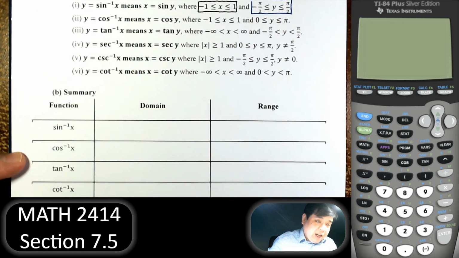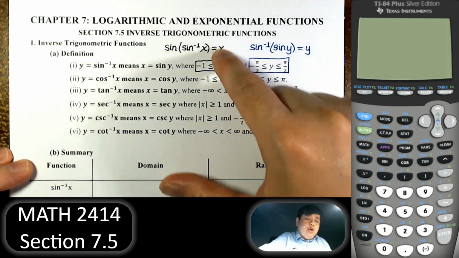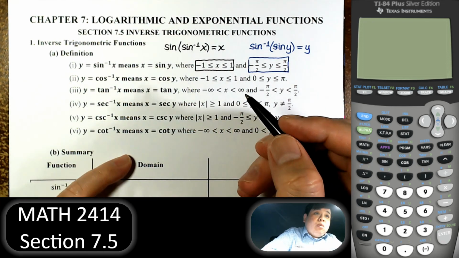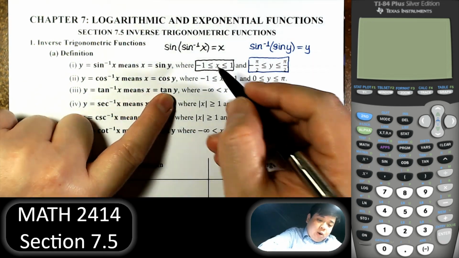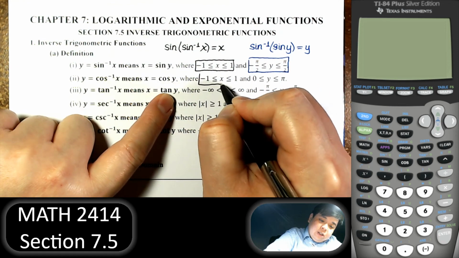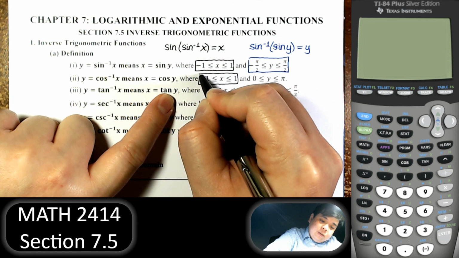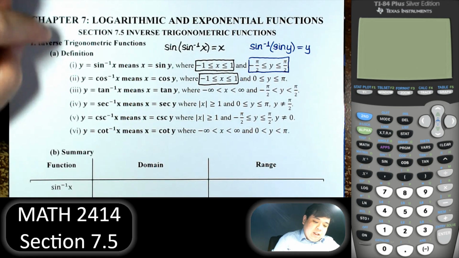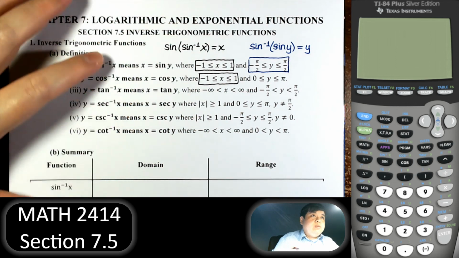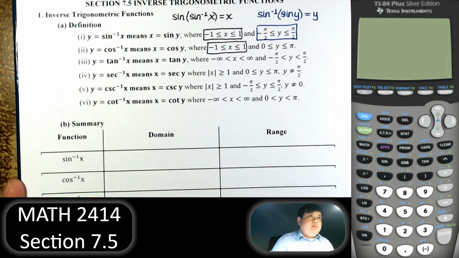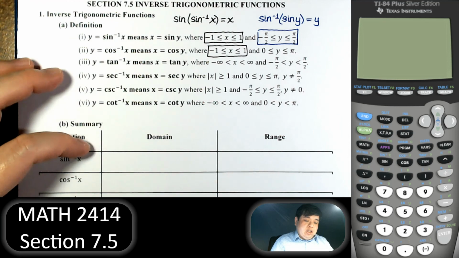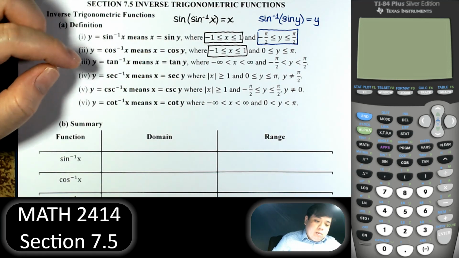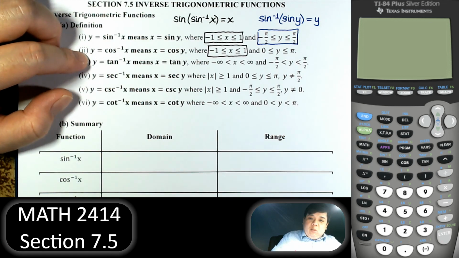Now if we look at all the domains and ranges, we notice there's some similarity. The first one is between -1 and 1, and that is the domain for the sine inverse function. We summarize this information into this table to see the common parts.